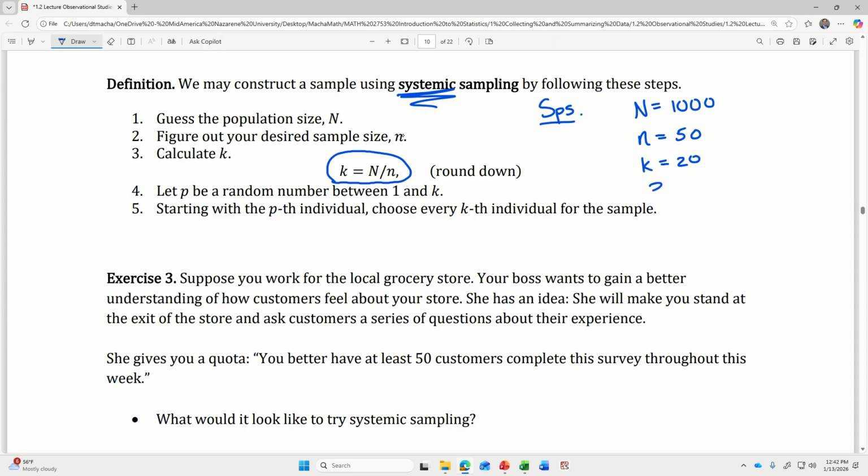Then we have to generate a random number between 1 and 20. Let's say that number is 7. So the list of individuals is going to be individual number 7, then number 27, then number 47, then number 67, then number 87, and so on. So there's a 20 individual gap.